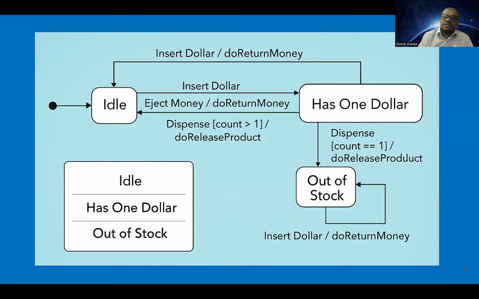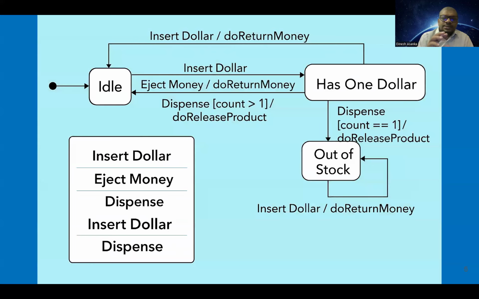The next important thing is how the state changes from one to another. That is, you will have triggers. When you insert a dollar, the state changes from idle to has $1.